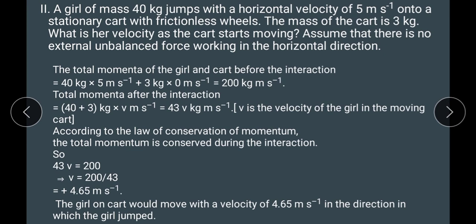By this law, 43v is equal to 200, and this gives us v equal to plus 4.65 meter per second. So the girl on the cart would move with a velocity of 4.65 meter per second in the direction in which the girl has jumped.